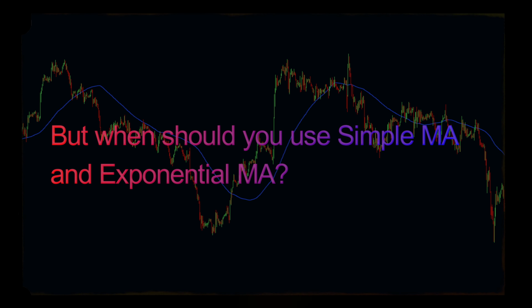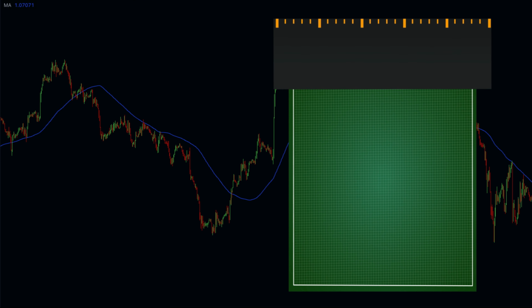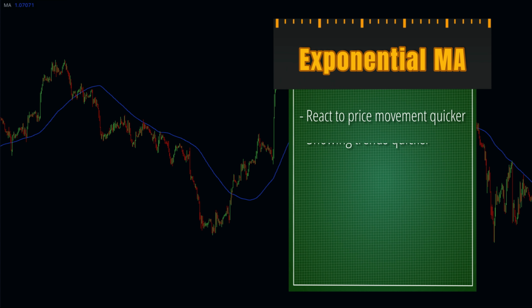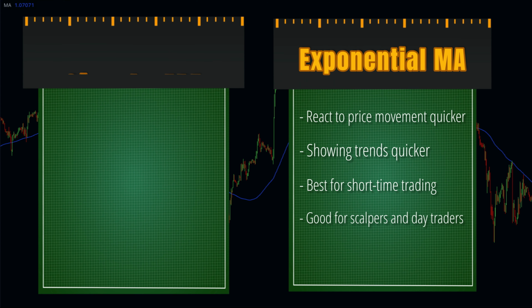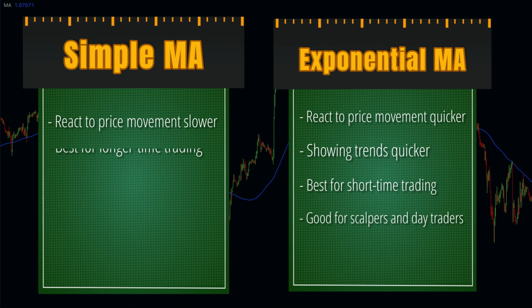But when should you use simple moving average and exponential moving average? The exponential moving average reacts to price movement quicker because it gives more weight to recent prices. This makes the exponential moving average show trends quicker and is generally best for short-time trading, which makes it good for scalpers and day traders.